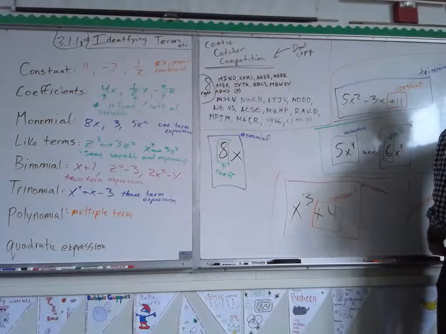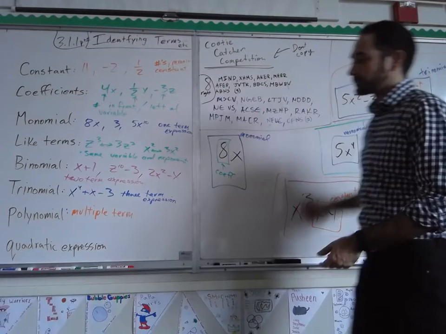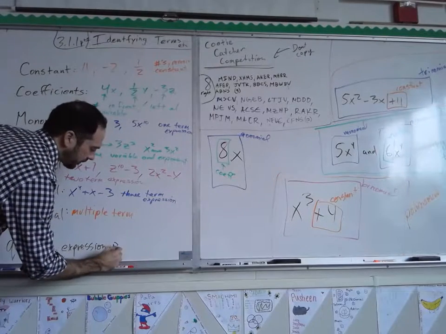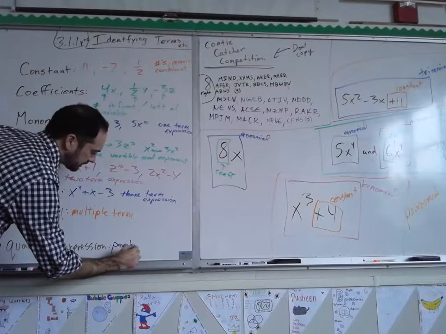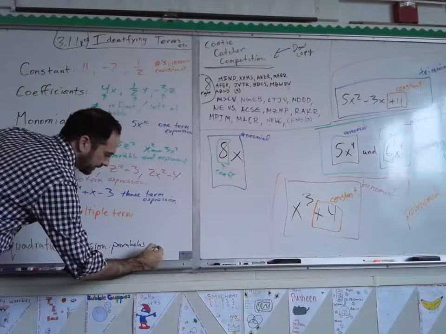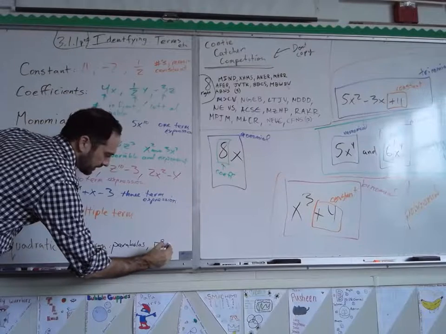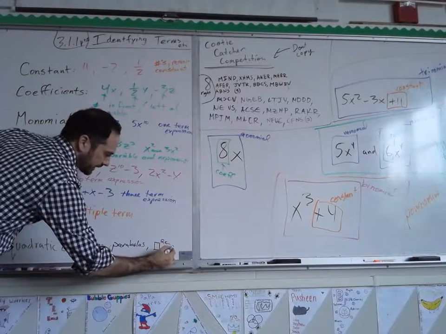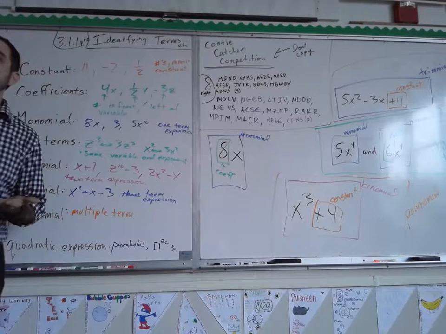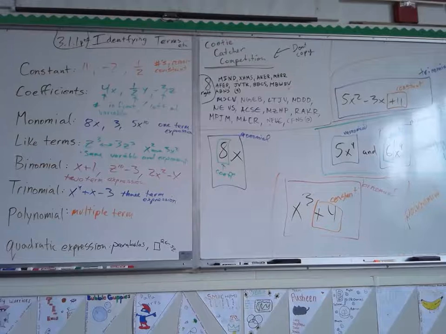These are our parabolas. It has some variable, so it has to have a squared exponent out there. So a quadratic expression could just be one term. If our b and c are equal to 0, we just end up with that first term. So you can have a quadratic that is a monomial.